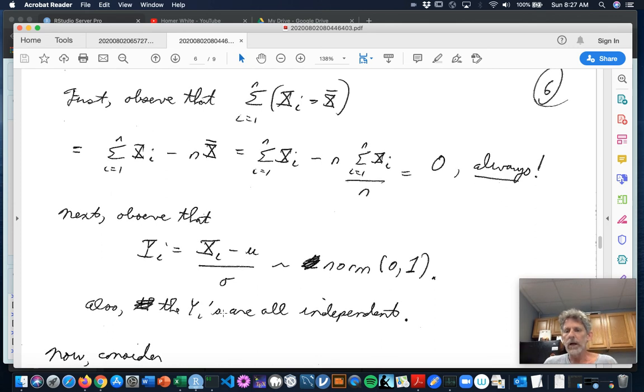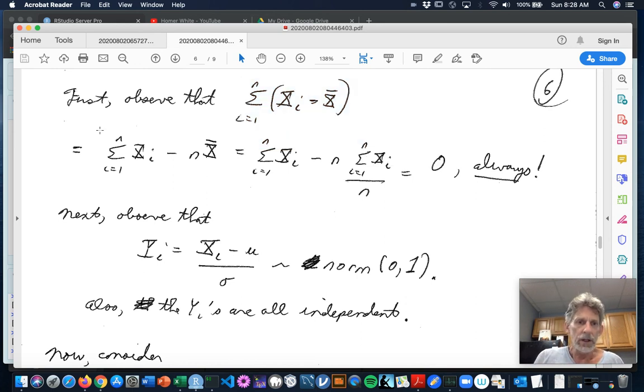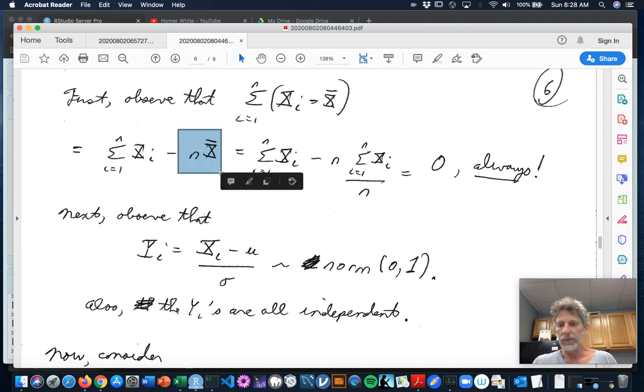So let's go. Well, not quite yet. We need a couple of little warm-up observations. First little warm-up observation is, what happens if you were to sum up just the deviations from the sample mean without squaring them, okay? Sum Xi minus X bar. Well, you could do that by summing the Xi's minus the sum of the X bars.